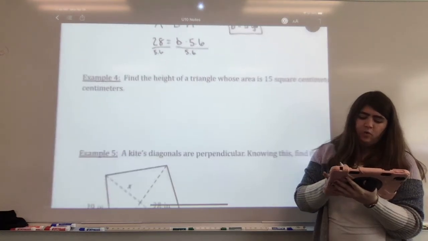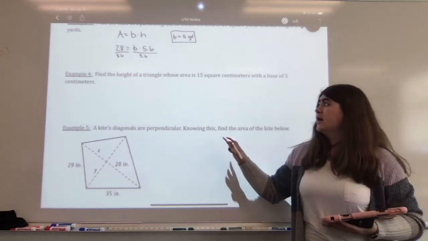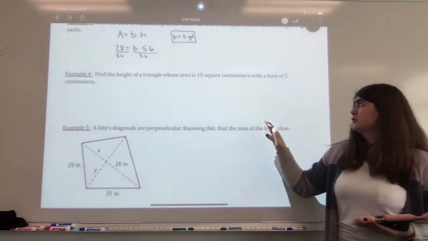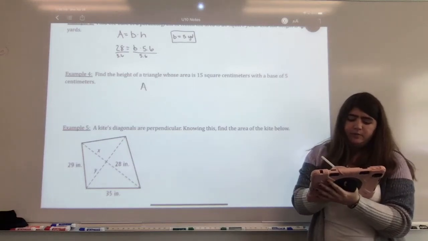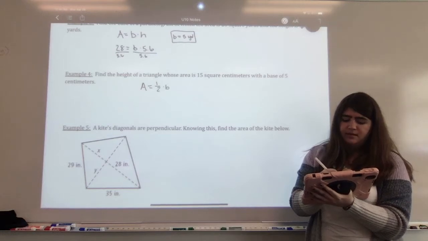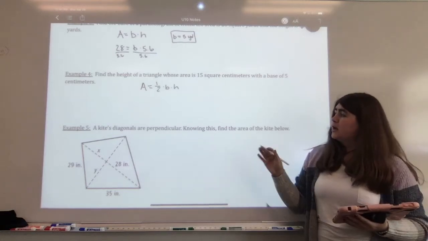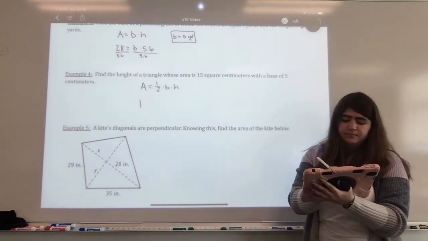All right, example 4. This time we're trying to find the height of a triangle whose area is 15 square centimeters and has a base of 5 centimeters. So I have my area formula for a triangle, 1/2 times base times height. So I'm going to plug in what I do know. I know my area is 15.